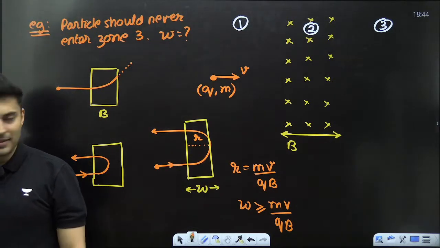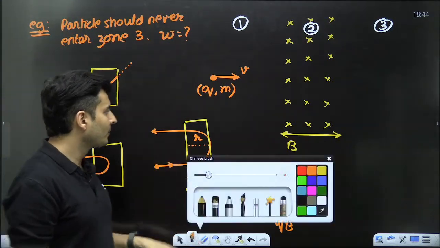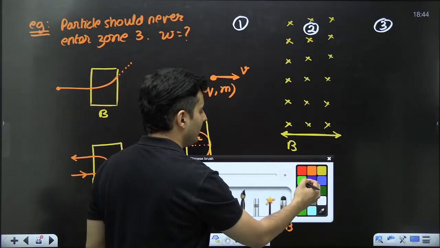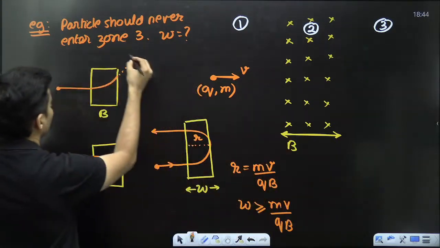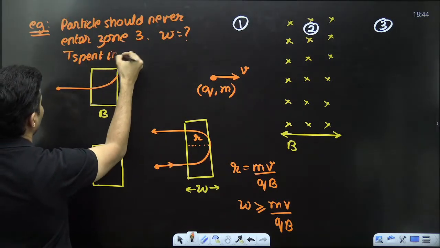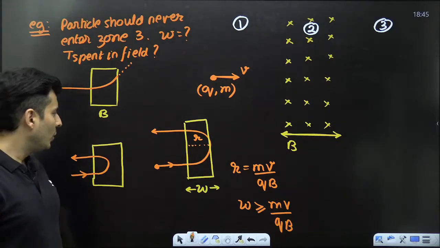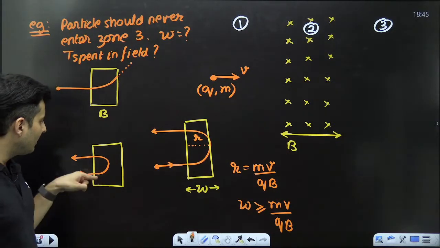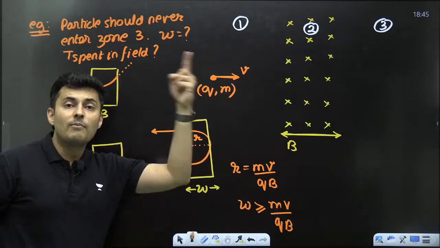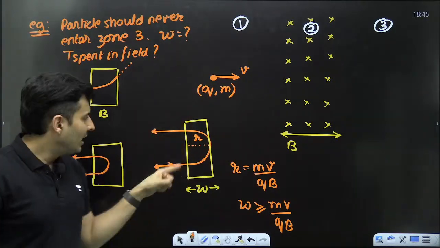Perfecto? Awesome. If I ask you how much time it spends over here, let's say that is also asked: time spent in the field. What will you do? It will not spend one complete circular motion's time, but it is a semicircle.